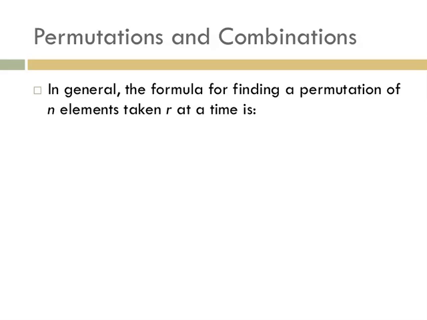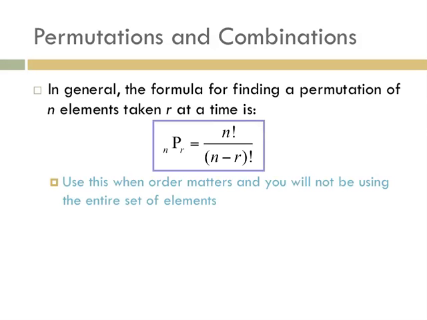So in general, the formula for finding a permutation of n elements taken r at a time, so it's a permutation, so order matters. There are n elements, and you take r at a time. So r could be equal to n, though it doesn't have to be. As long as it's smaller than or equal to n, you can use this formula. So here it is.